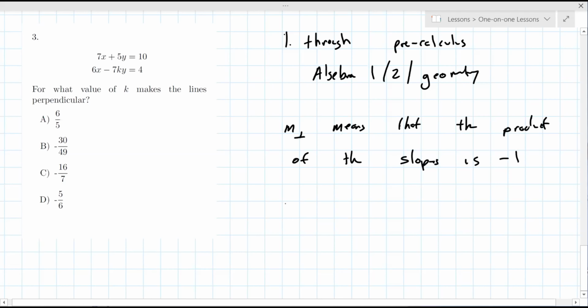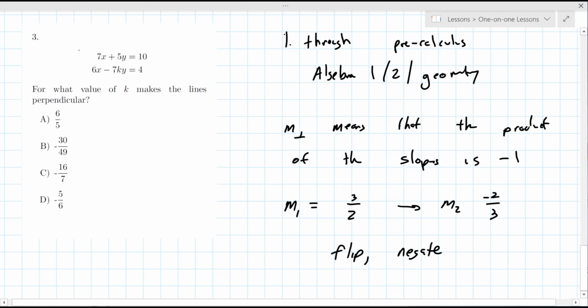More generally, if slope 1 is 3/2, then slope 2 is -2/3. Usually we say flip and negate, or reciprocal and negate. So you know what makes 2 lines perpendicular, but that's not enough to solve this problem.